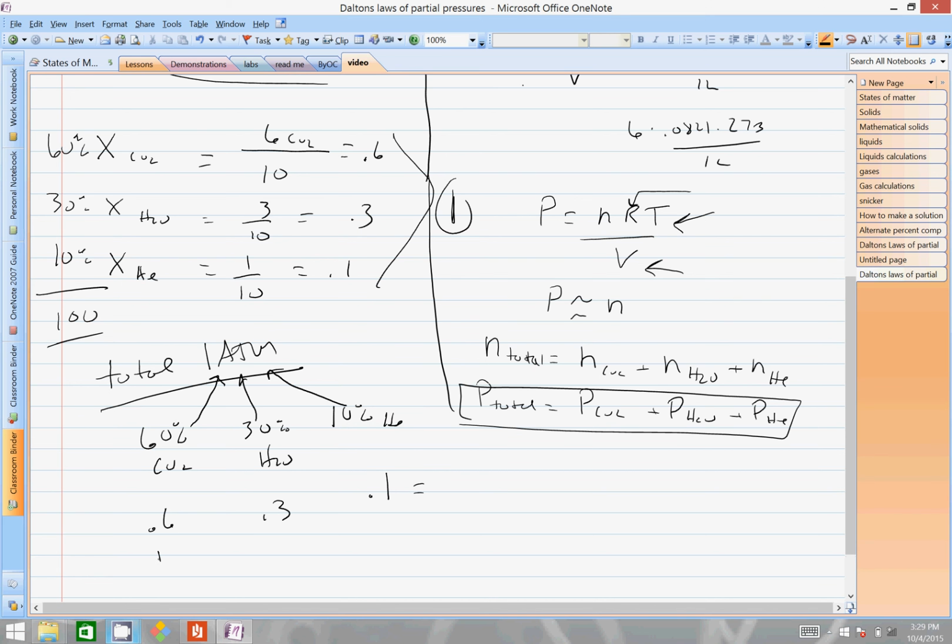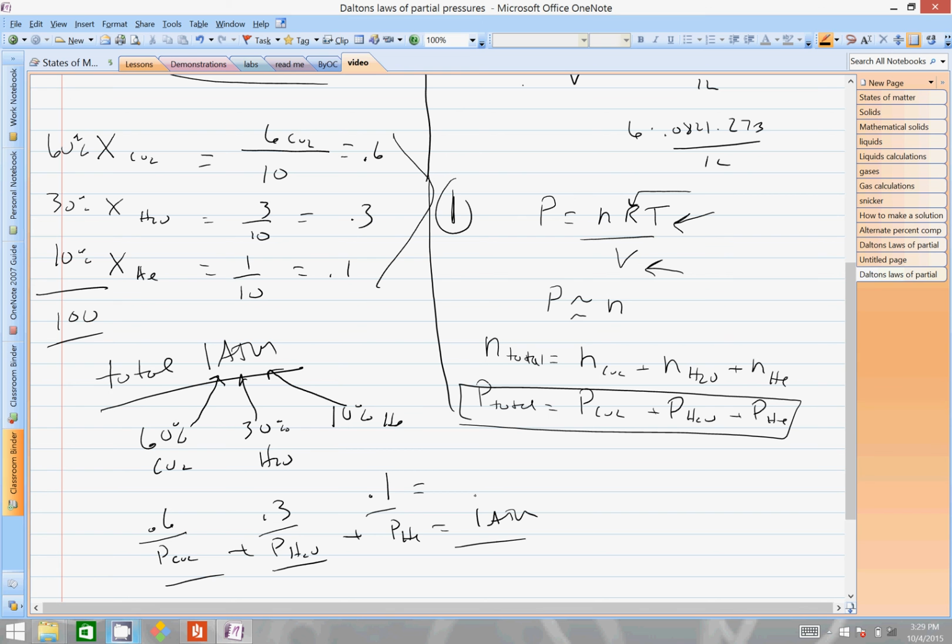All the individual pressure of the CO2, pressure of the H2O, pressure of the helium, all my pressures, of course, add up to 1 atm, which is my total pressure. If I had 2, then it would be 1.2, 0.6, and 0.2.